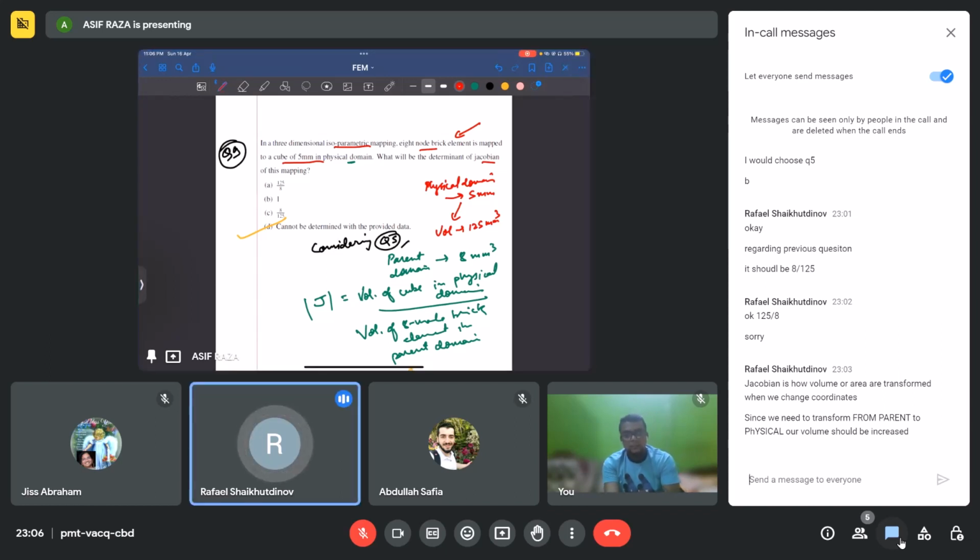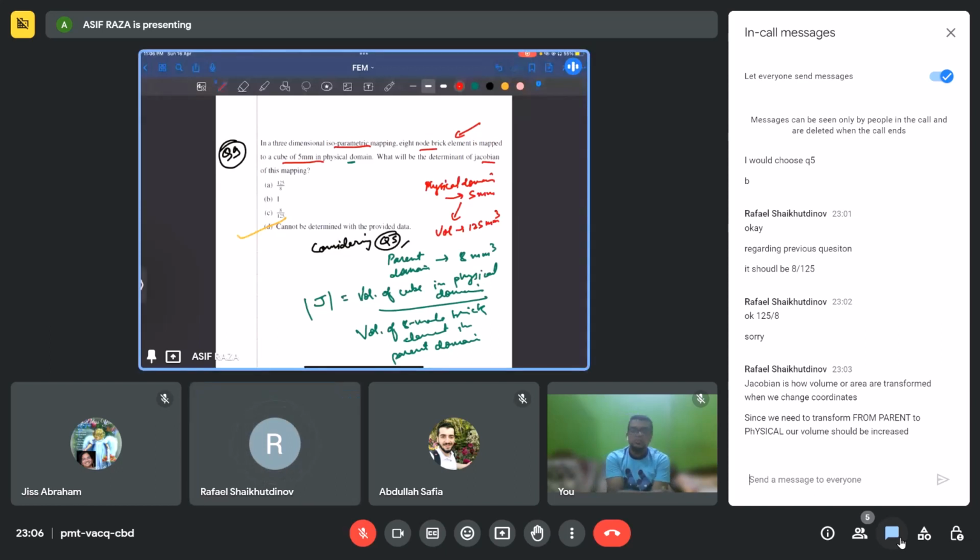Sorry, I believe the brick is mapped to a cube, but it is not our standard parent element. Yes, the natural coordinate system, you got it right now.